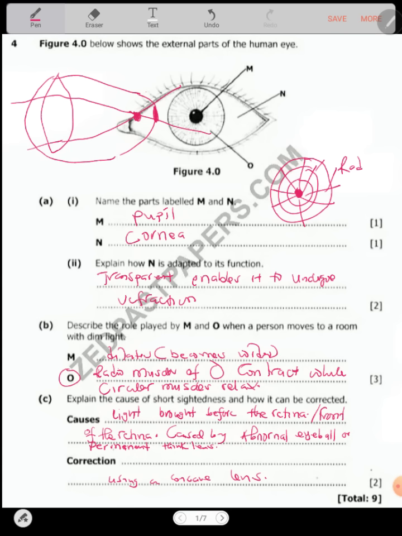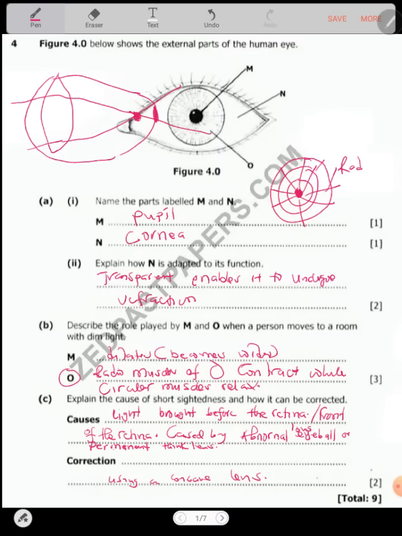It's caused by an abnormally short eyeball and thin lens. While the other one, short-sightedness, is caused by an abnormally long eyeball. Once that happens, it causes the stiffening of the lens as light is entering the eye.